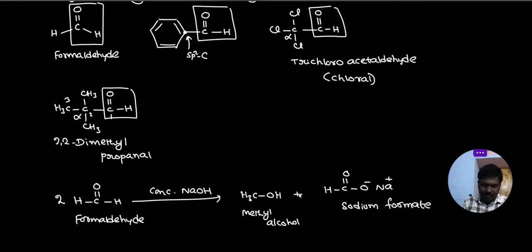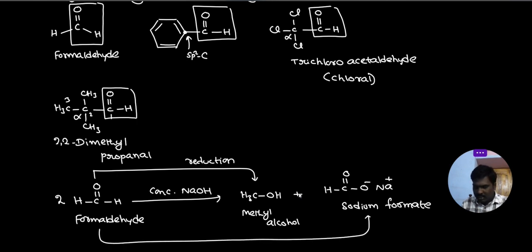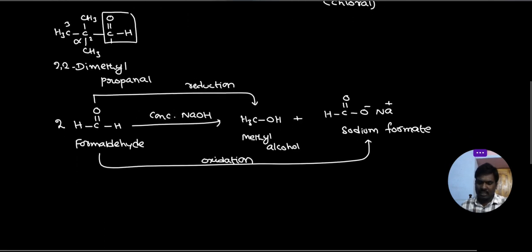Methyl alcohol is the reduced form. Sodium formate is the oxidized form. Clear? One aldehyde is oxidized, one aldehyde is reduced. That's why it is called a disproportionation redox reaction.